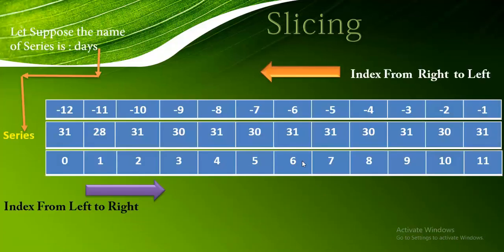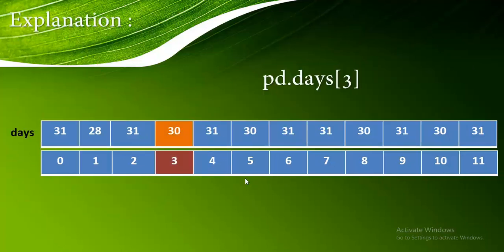Now we will learn how to write the syntax of slicing in series. Accessing data through index in series. First, I am using from left to right, means we will access the data items from left to right, or you say from 0 index.